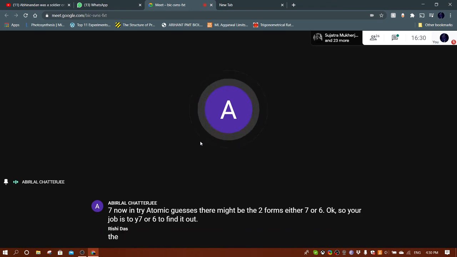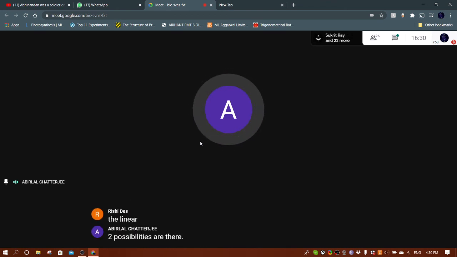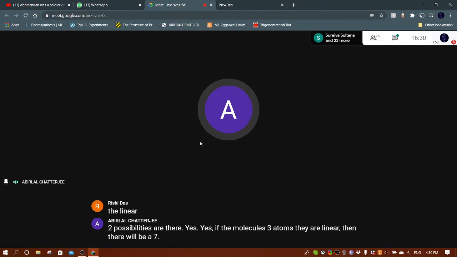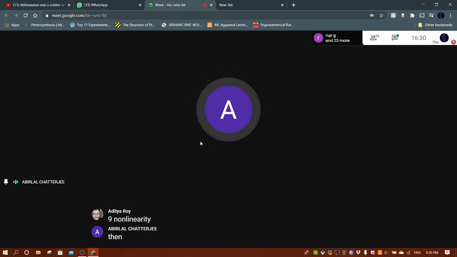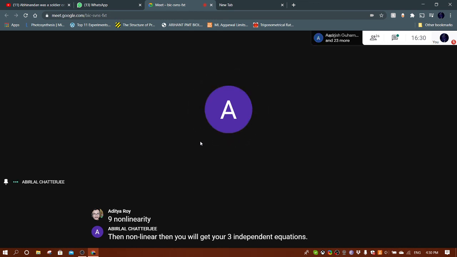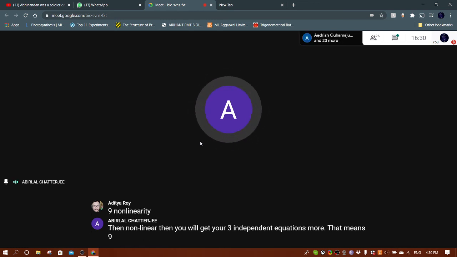Sir, two possibilities are there, linear and non-linear. If the molecule's 3 atoms are linear, then there will be 7, because then you will get two independent equations. If they are non-linear, then you will get 3 independent equations more. That means 9 minus 3, that gives you 6.